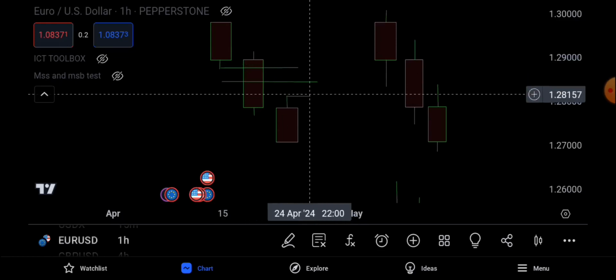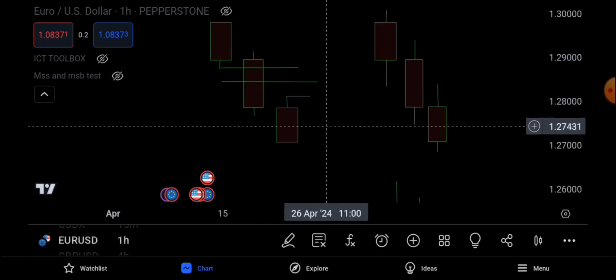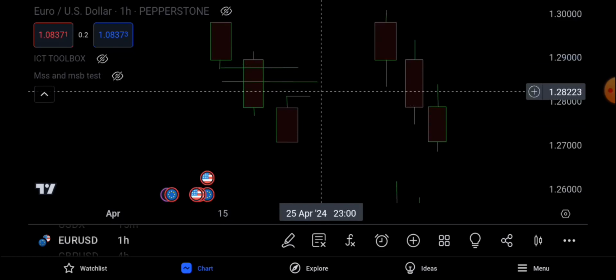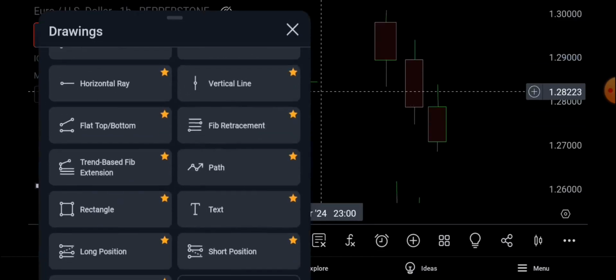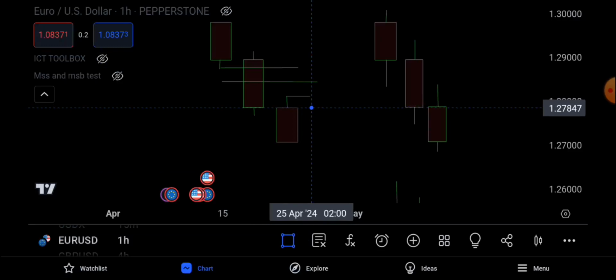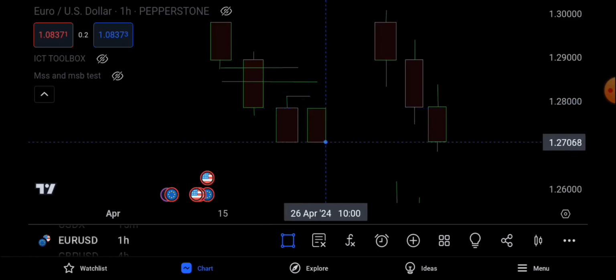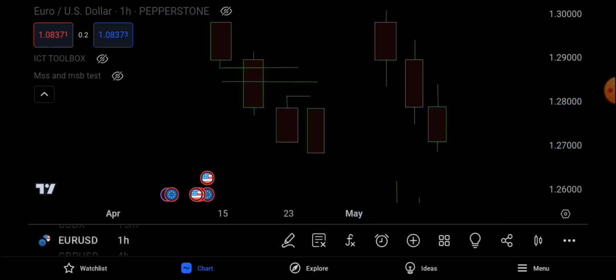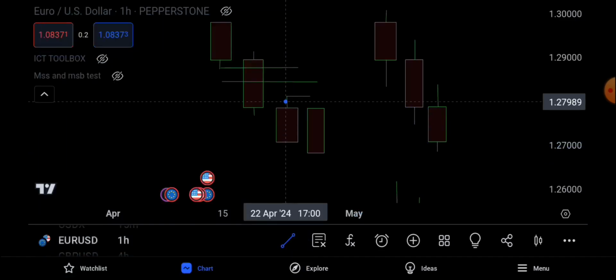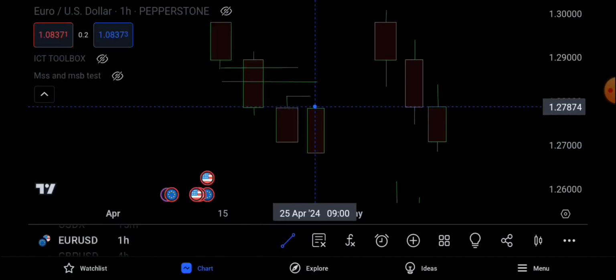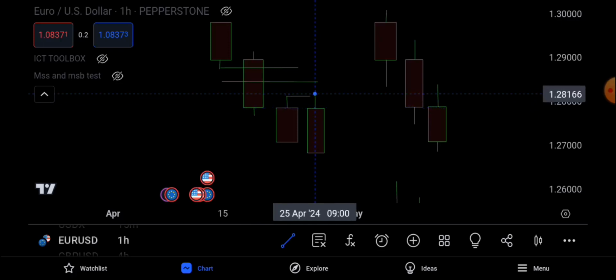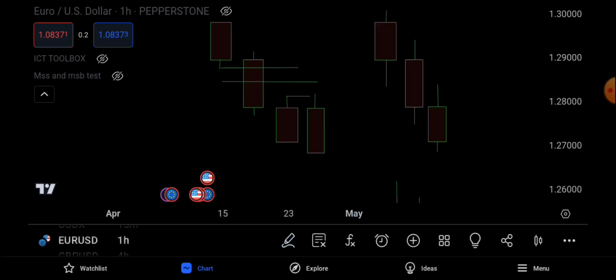Because this is a bearish example, let me draw one for illustration's sake. The first example could be something like this, where we get a wick just above the third candle's wick, like that, and then price continues to the downside.